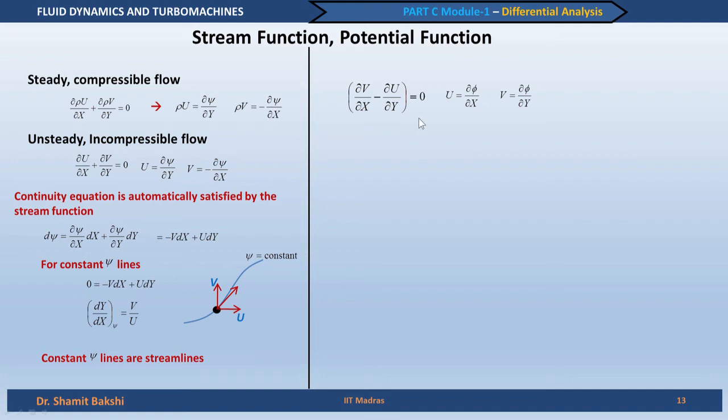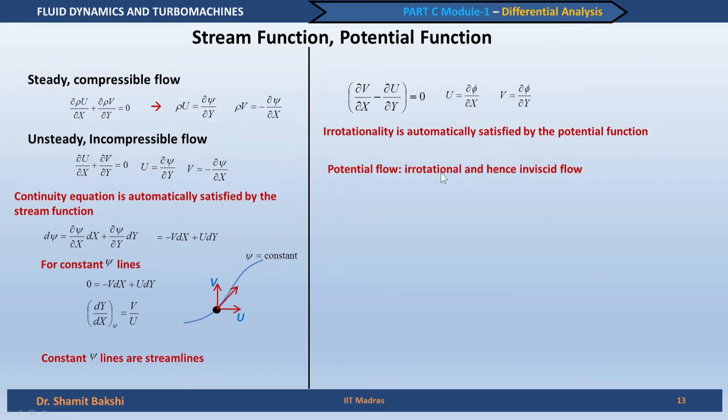So, an irrotational flow can be represented using these potential functions. Irrotationality is automatically satisfied by the potential function. That means you can only define this function when the flow is irrotational. Irrotationality essentially means that the flow is inviscid, because if viscous effects are important in the flow, they will cause rotation of the fluid elements.